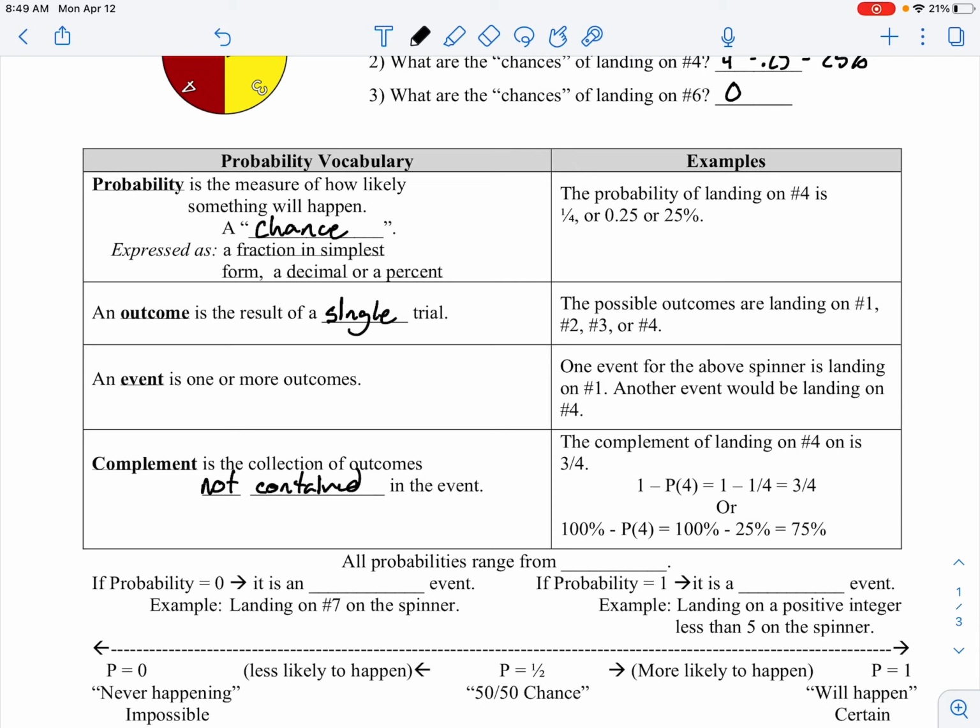So it's basically the opposite of whatever it's asking. The complement of landing on 4 would be landing on 1, 2, or 3, because that's the opposite of that, which would leave us, fraction style, with 3/4 like I mentioned, or also a 75% chance of landing on everything but 4.